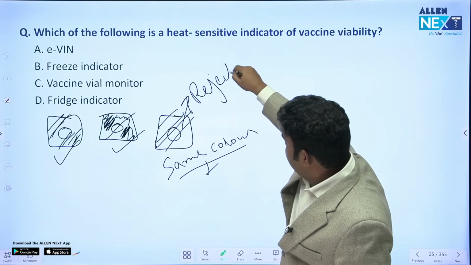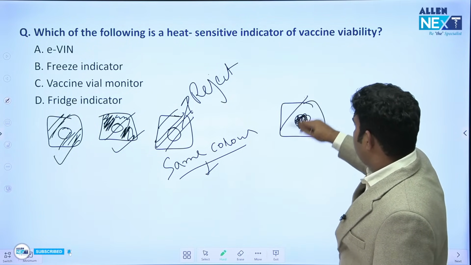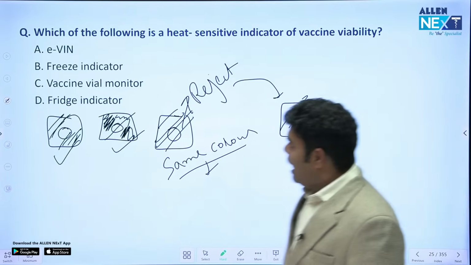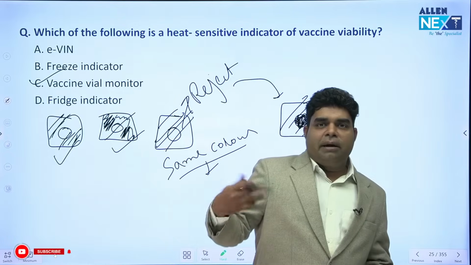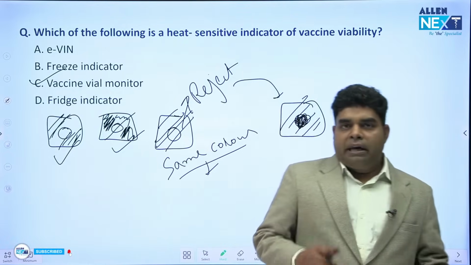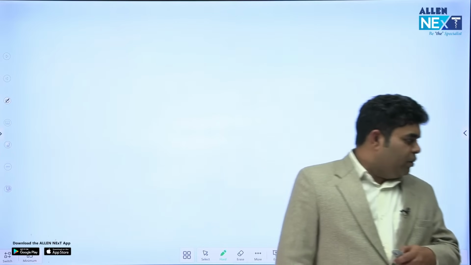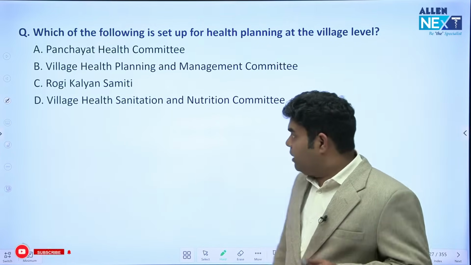If it is the same color or if it is darker, then we definitely reject both of these. Okay? And this is known as VVM, vaccine vial monitor, which tells us whether the temperature was properly kept or not. Yes, very good. We will reject it. Correct, Vikas and a lot of other friends. All of you are right.